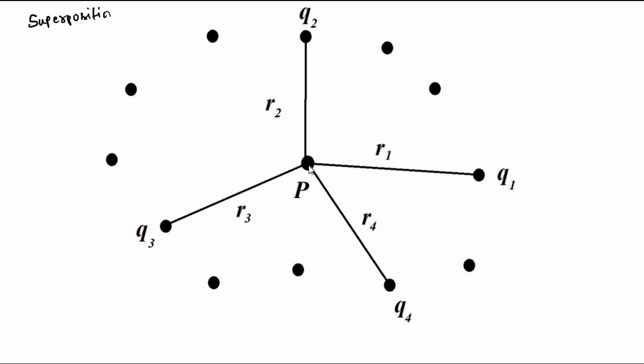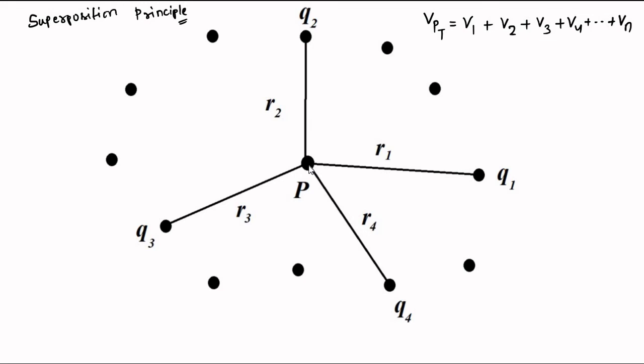Superposition principle was also utilized in the determination of electric field intensity, and the same thing will be helpful in determination of electric potential due to multiple point charges. So the total potential at point P is the sum of the potentials due to the individual point charges: V1 due to Q1, V2 due to Q2, V3 due to Q3, V4 due to Q4 and so on up to the nth charge.